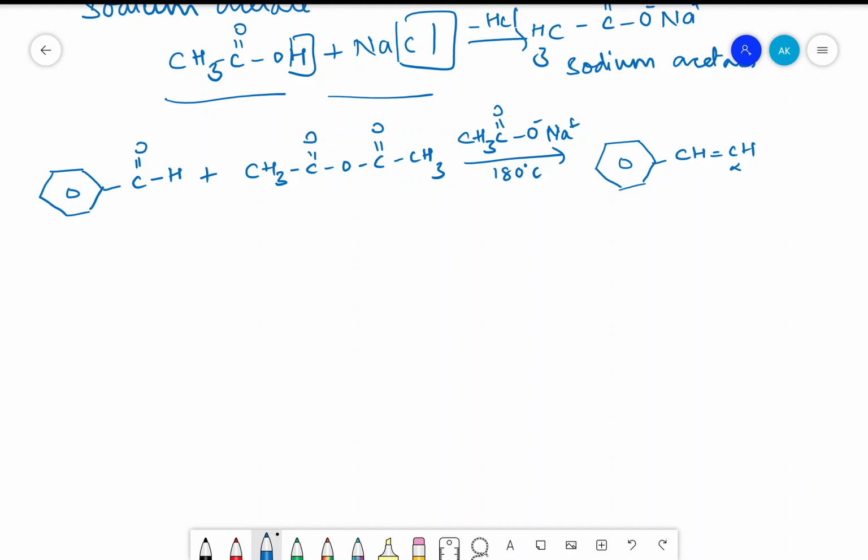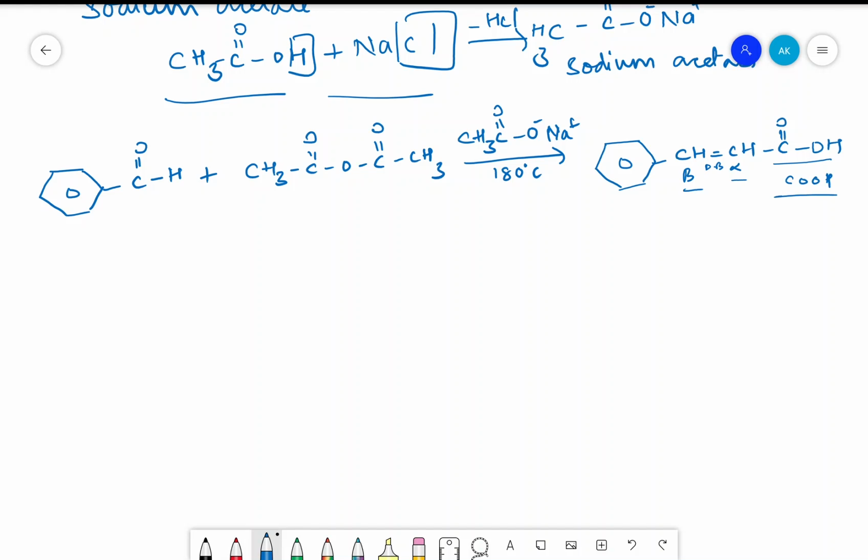this. This is alpha, this is beta, C double bond O OH. This is the functional group COOH, that is the acid group. Next to that is the alpha carbon and this is the beta carbon. Alpha beta is the position, unsaturation is the double bond we have represented here, and the acid group is COOH.